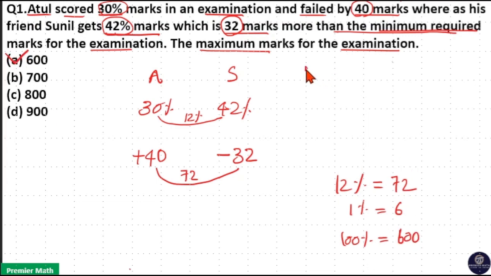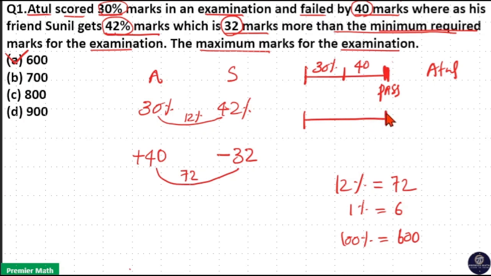If you have doubt, let us consider this as the pass limit. Atul scored 30% mark and he failed by 40 marks. That is, if he gets 40 more marks, he will pass the examination. Now, Sunil gets 42% mark.